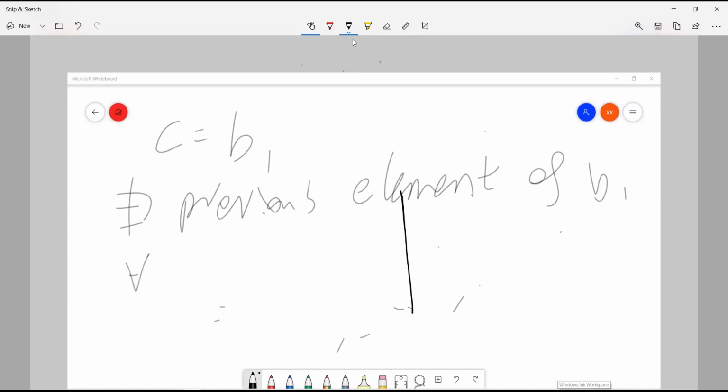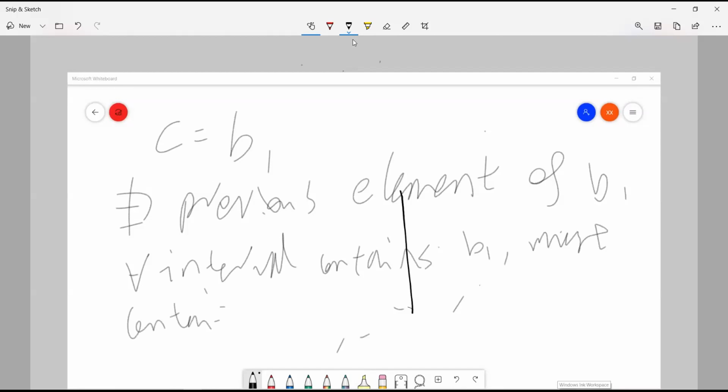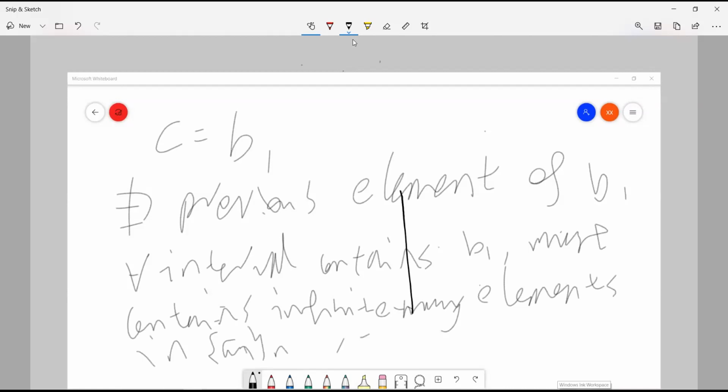Any open interval that contains B1 must contain infinitely many elements in the sequence AN, from 1 to infinity.